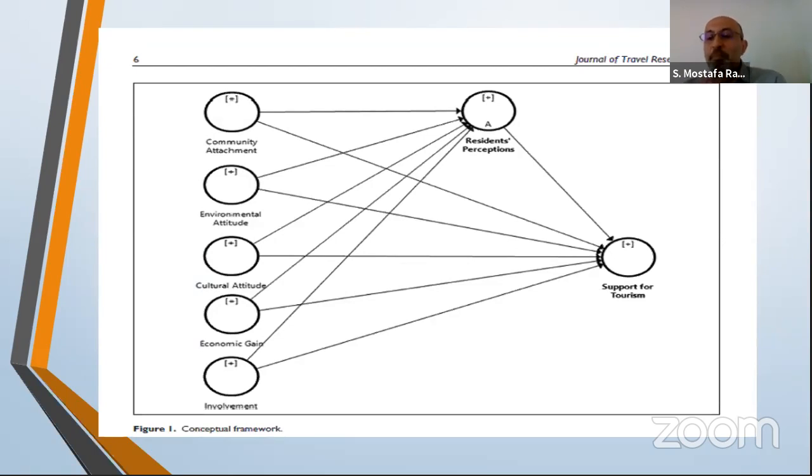Again, I'm not talking about the Baron and Kenny approach, the statistical part. I'm talking about hypothesis development. So if we want to hypothesize a mediator between IV and DV, we need support from theory and from previous empirical studies and literature for the effect of IV on DV, IV on mediator, and mediator on DV.